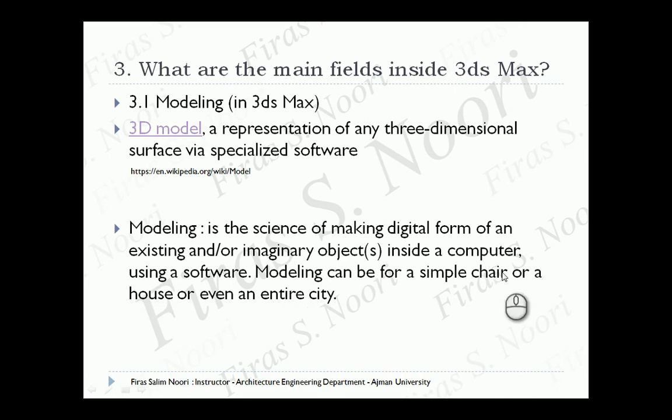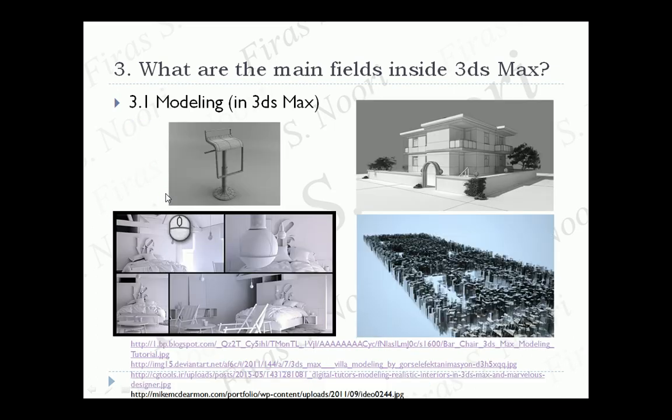Modeling can be a simple chair or a house or even an entire city. So that's a nice two-part definition of what modeling is. Again, it can be a chair, it can be the interior of a house, and it can be the exterior or the entire city. All those are models, and you can see that there is no material or almost no good lighting in it. So that's what we call modeling.